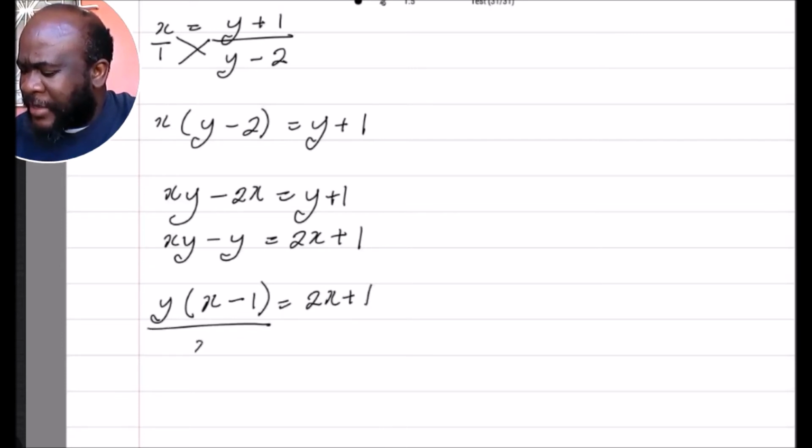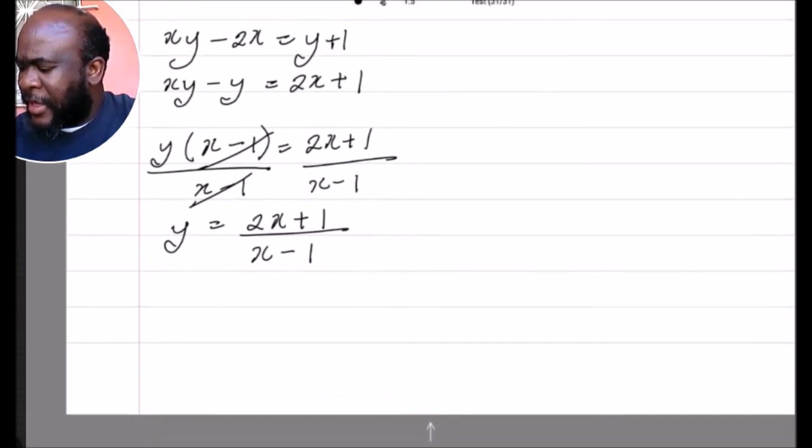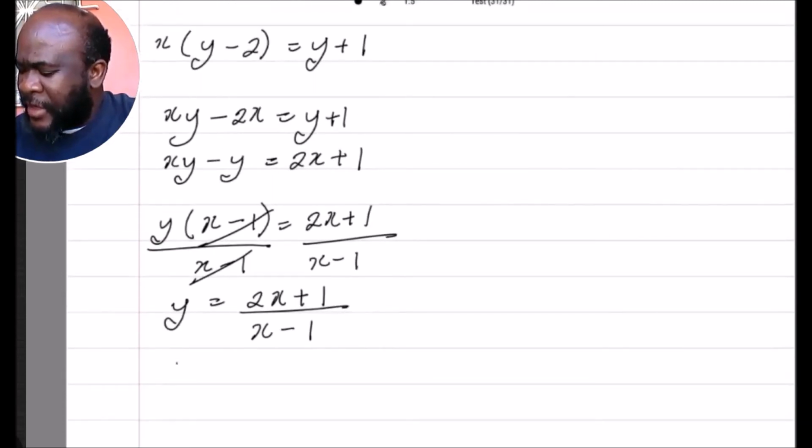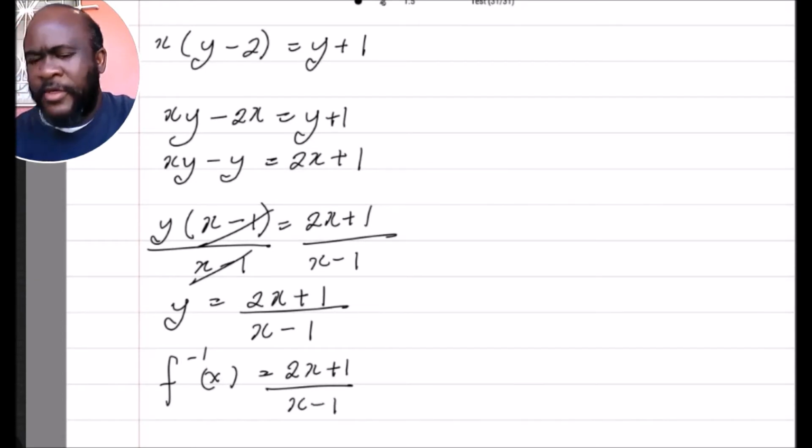Divide both sides by x minus 1. We have y is equal to 2x plus 1 divided by x minus 1. That's step 3. And the final step is to say f inverse of x is equal to 2x plus 1 over x minus 1.